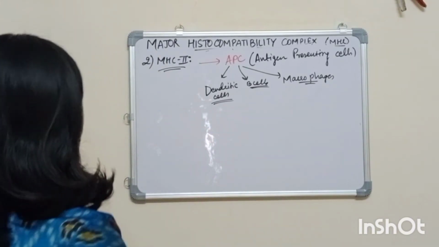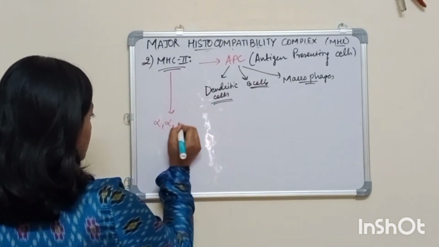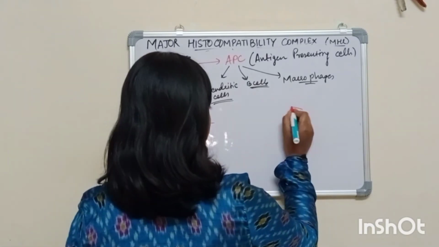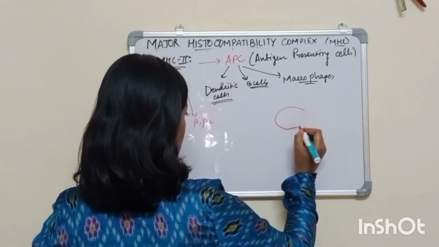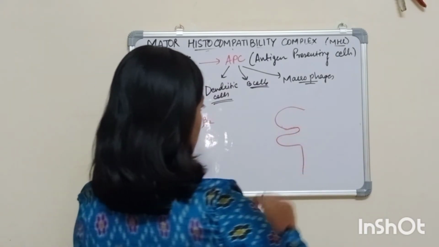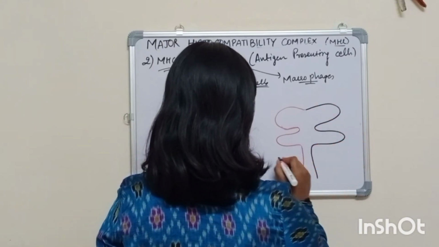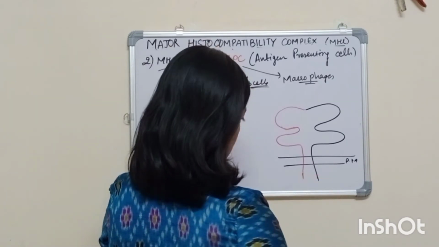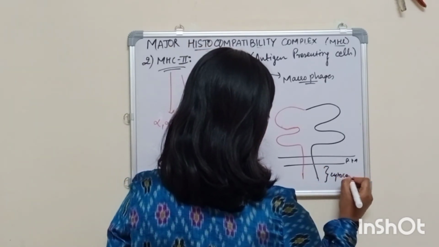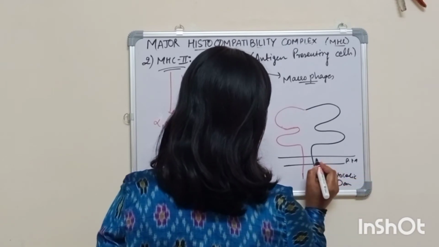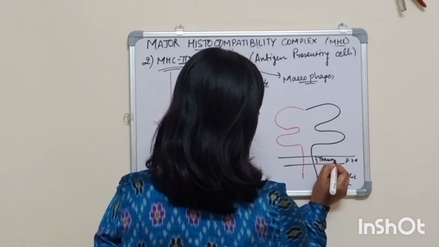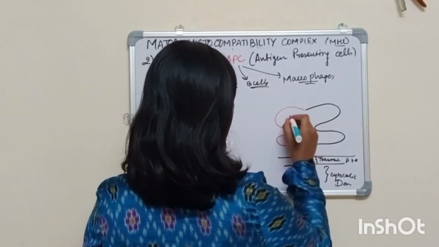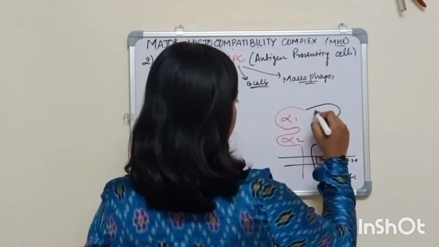Now MHC2 has alpha 1, alpha 2 and beta 1 and beta 2. So let's see the structure. This is the plasma membrane. These are the cytosolic domains. This is the transmembrane domain. Now this is alpha 1, alpha 2, beta 1 and beta 2.